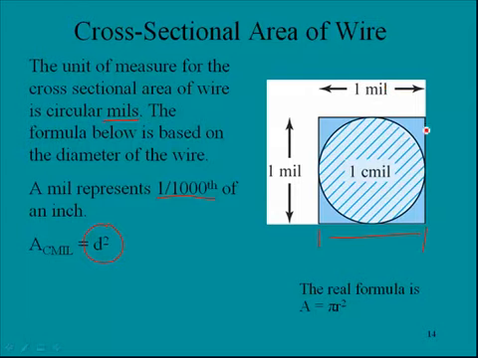That is actually the square area of this entire thing, and that's not exactly accurate because these areas here are included. The actual formula is this, but as I mentioned earlier, your text uses this formula just for simplicity, so we will use this formula in this course.